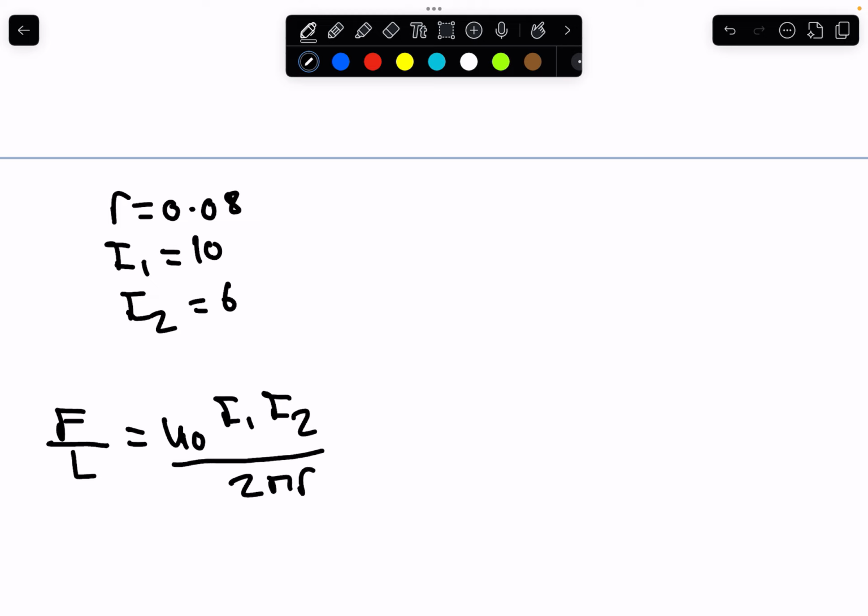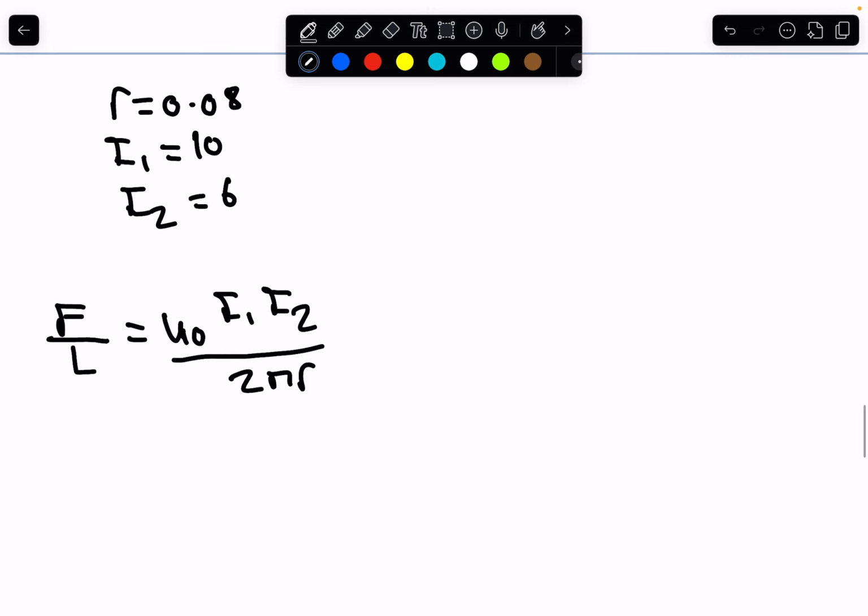Now calculate the force per unit length. You're just going to plug it in.